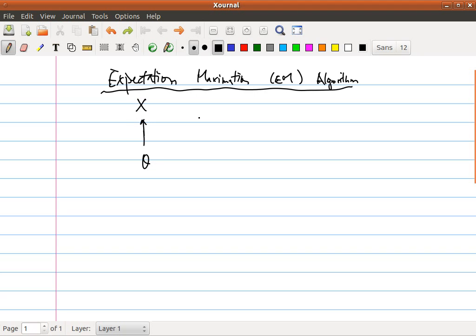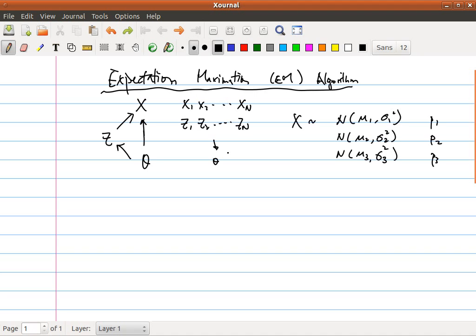However, if I'm also given some latent variables z for each sample x, for example, not just samples x1, x2, and so on up to xn, but also some latent variables z1, z2, and so on to zn, it would be much easier to get an estimate of theta.